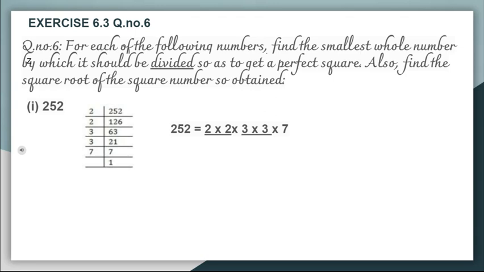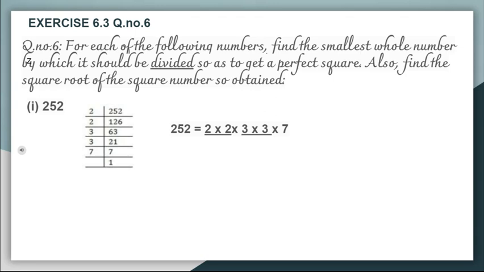Here you can see that 2 and 3 are having pairs, but 7 is not having a pair. 7 is only one number itself, isn't it? I already told you the number which is not having a pair, you divide the given number by that. So 7 is the smallest whole number by which the given number should be divided. We will get a perfect square.